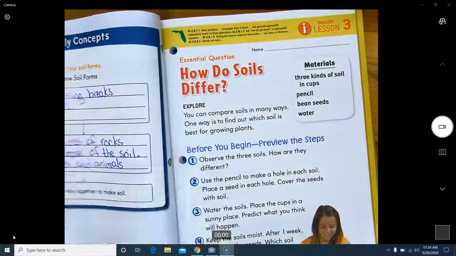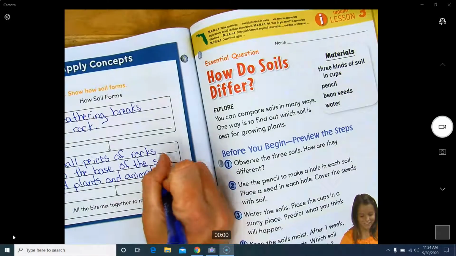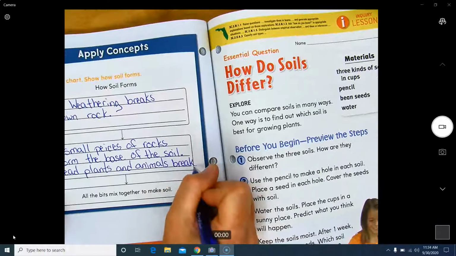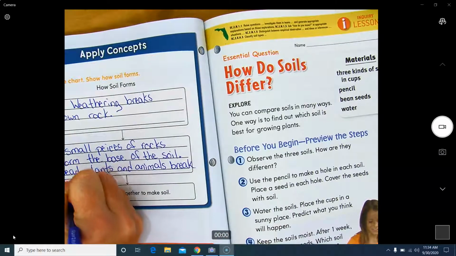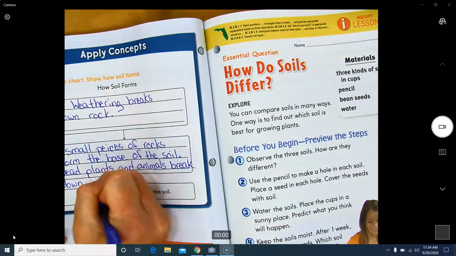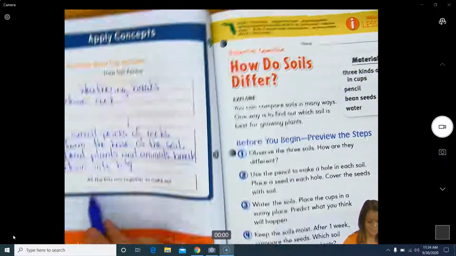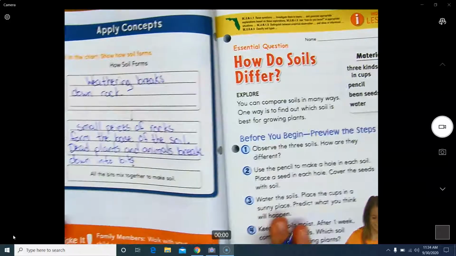Okay. And that is how soil is formed. All the bits mixed together to make soil.